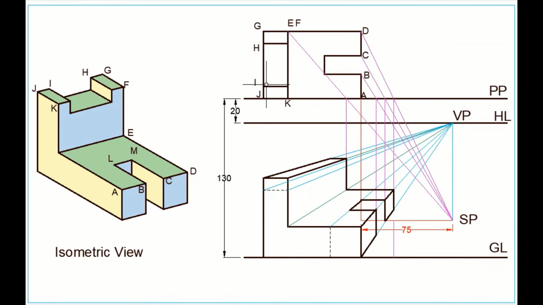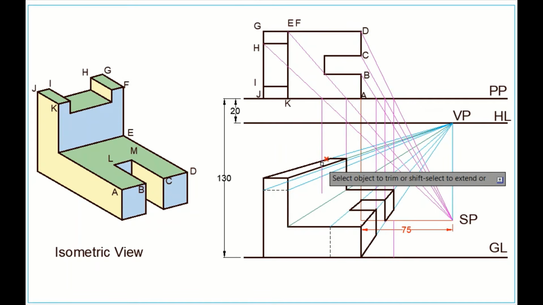Let us say I have H and I here. We first find the piercing point for H and I, because H and I don't lie on the picture plane. So that's the piercing point for H, and also point H should lie on a vertical line from this location. Draw a vertical line and then you can trim.